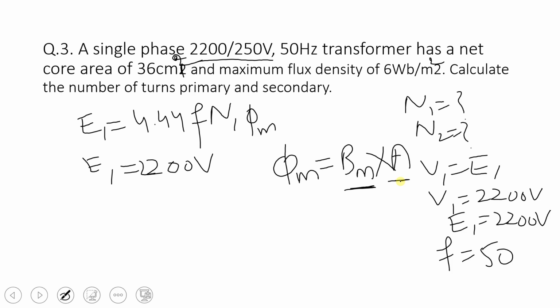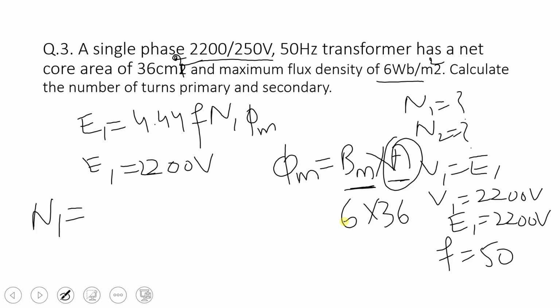What we have to find out is the number of turns N1. Here in this numerical, the net core area is 36 and maximum flux density is 6. So 6 Weber per meter square into 36 centimeter square.